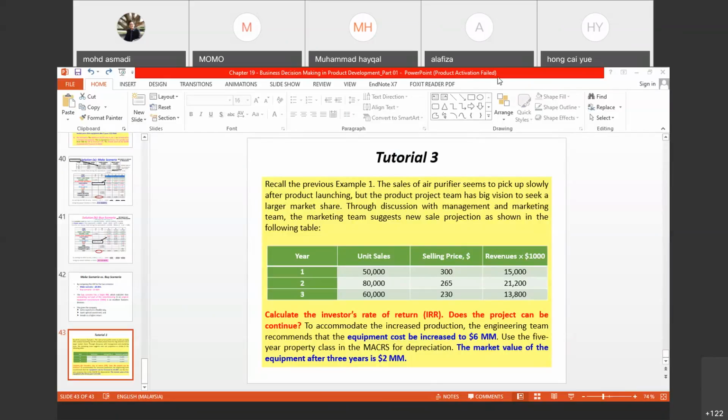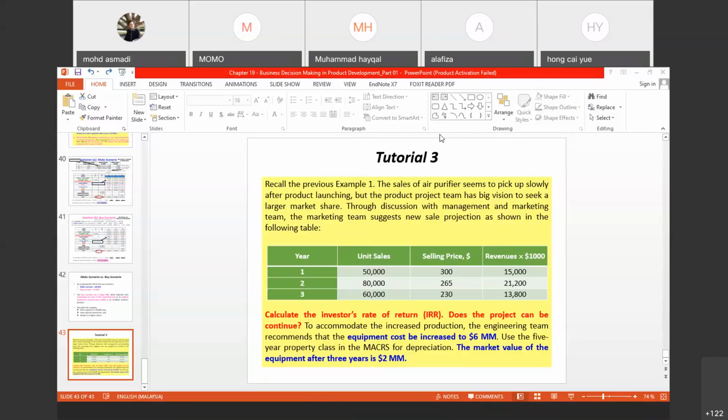Okay, let me share my Padlet. If you have the Excel, has all the lecturers already shared the Excel? Maybe you can just put in the Excel. Okay, this is my Padlet.